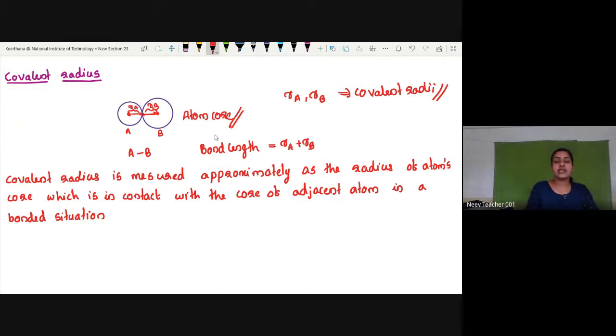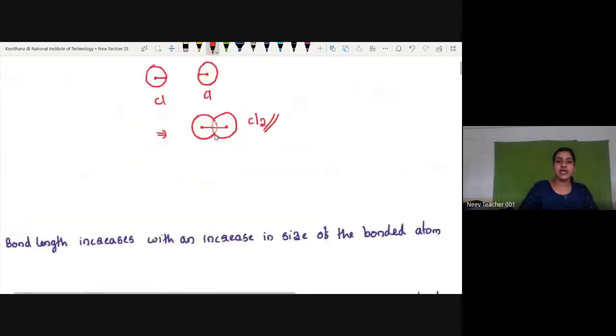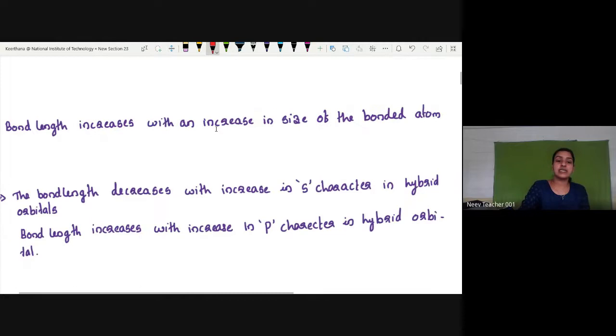Covalent radius is measured approximately as the radius of the atom's core, which is in contact with the core of the adjacent atom in a bonded situation. We exclude the valence orbital part and only consider the core part of the atom, and that radius of the atom core we define as the covalent radius.